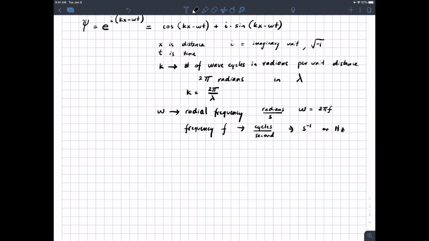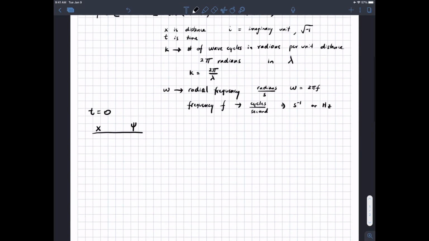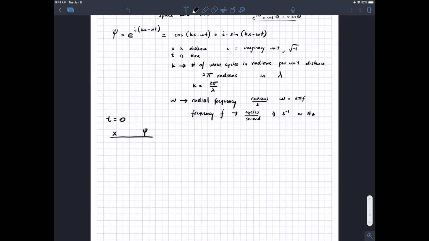All right? So let's evaluate the wave function at various distances x and at various times t. Let's begin in an easy way by saying that time t is going to equal 0. Okay? Let's let the distance x be 0, shall we? That's fun.